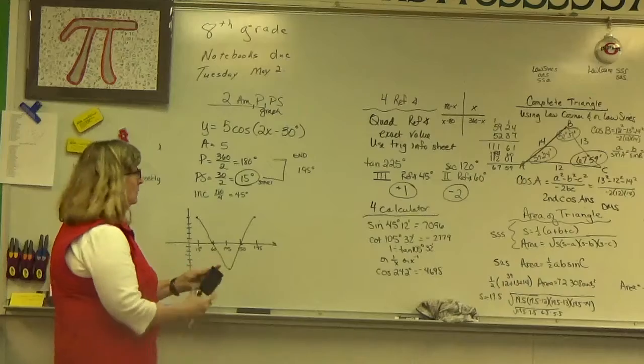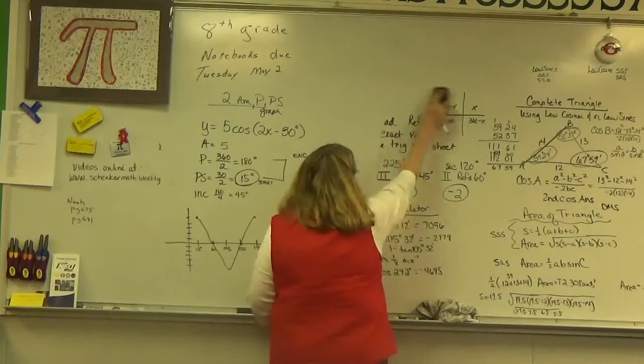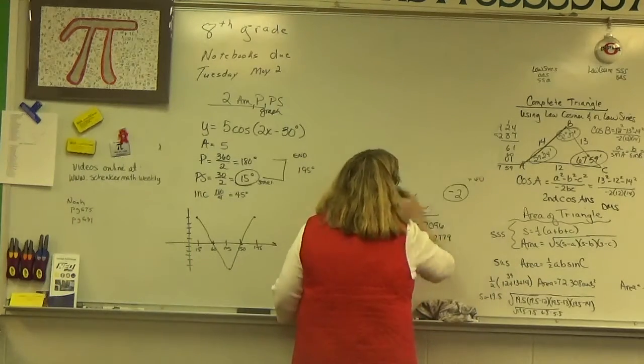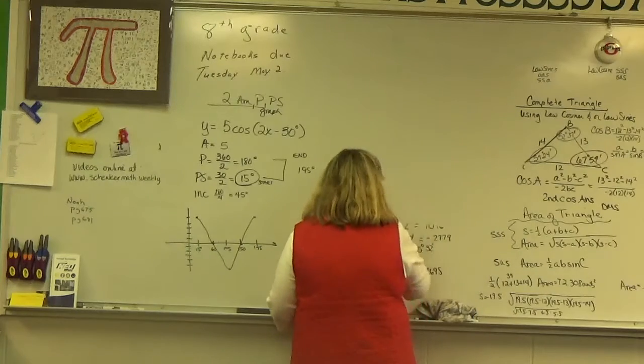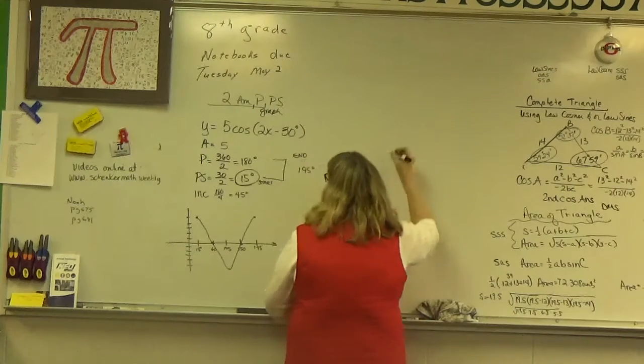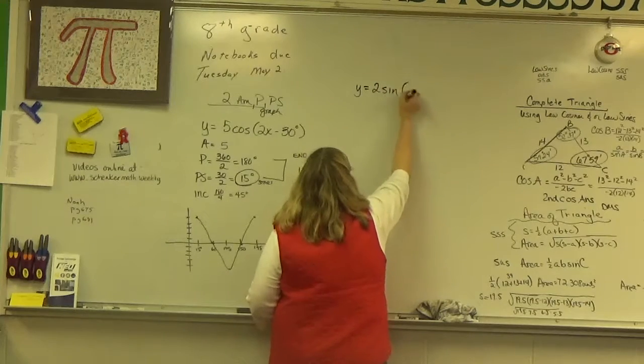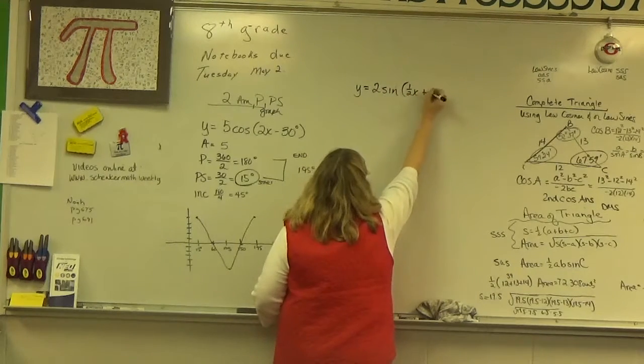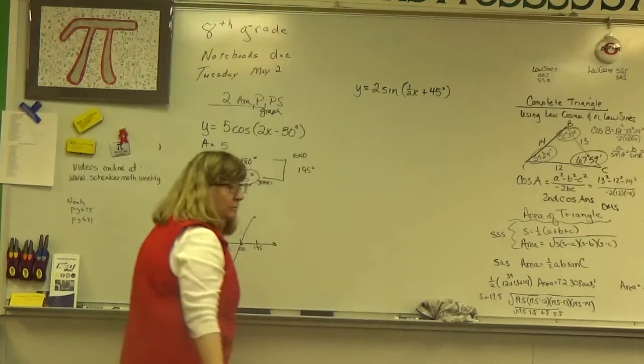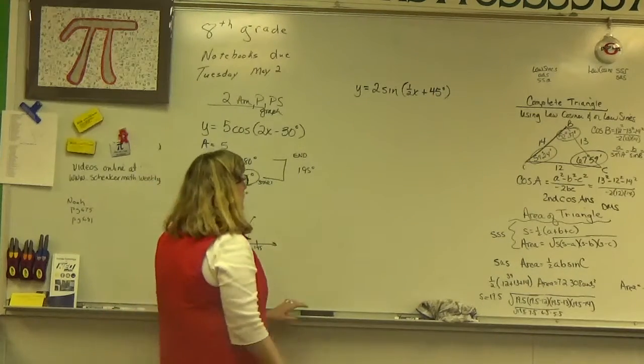Okay, another one. Let's do the sine now. Let's say I have y equals 2 sine of 1/2 x plus 45 degrees. So what's my amplitude?